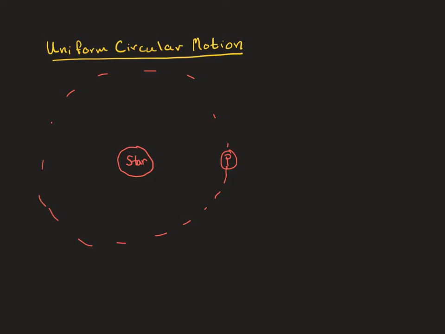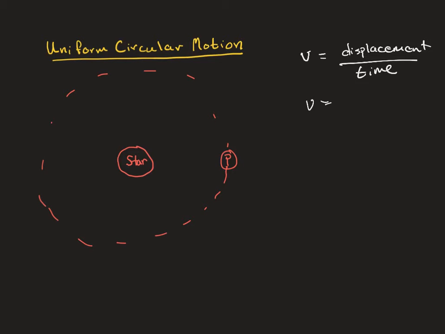Alright, so first let's examine the velocity, because to get to acceleration, it's a good idea to go through velocity. So we can analyze the velocity to understand what's happening with the acceleration. We know that velocity is equal to displacement over time.